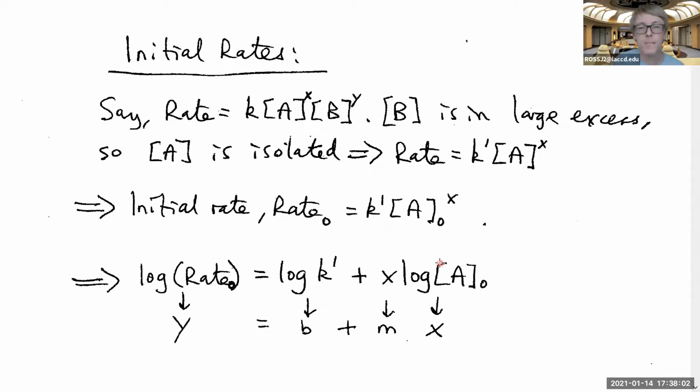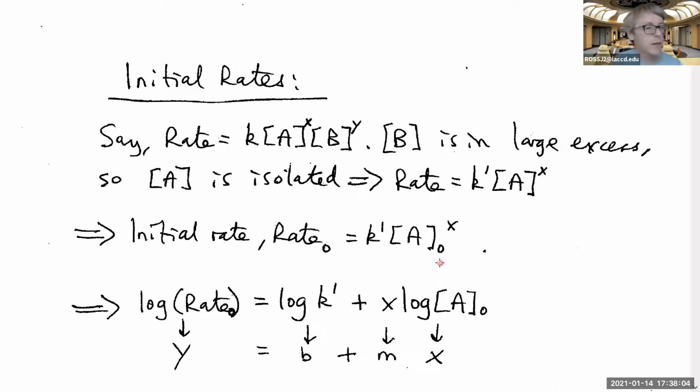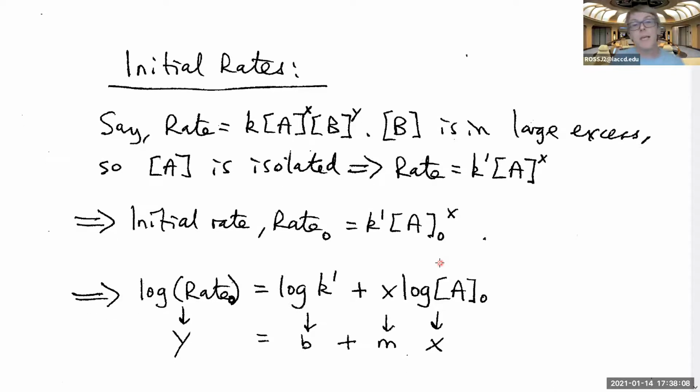Okay, so let's spend a few minutes talking about initial rates. Let's say the rate of reaction is a rate constant, a to the x, b to the y, where x and y are orders. And let's say we've said that b is in large excess, so we've used the isolation method.